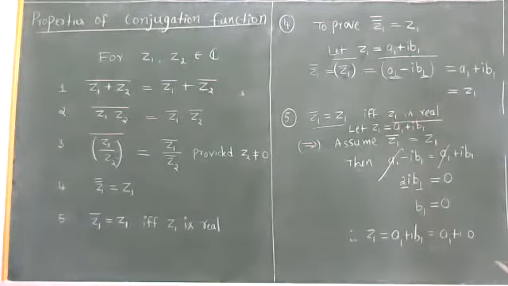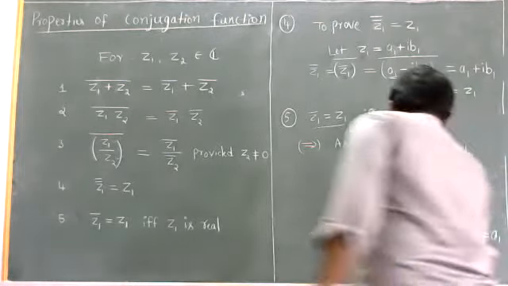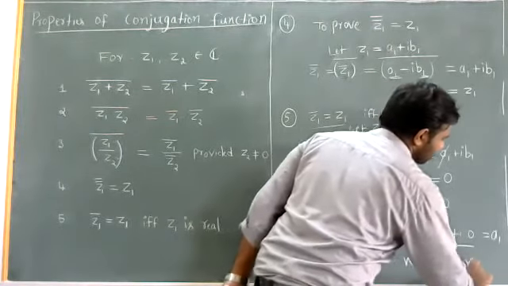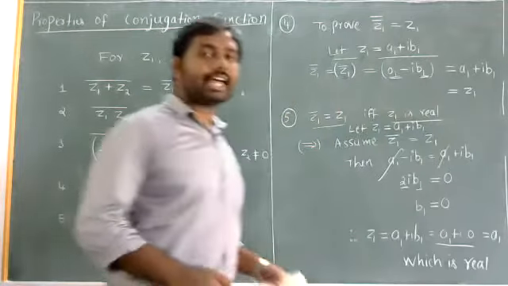So what is this? Z1 is a complex number with its imaginary part equal to 0. Such a number is called a real number. So it is A1, which is real. Which proves the direct part.